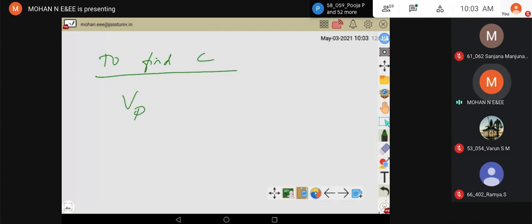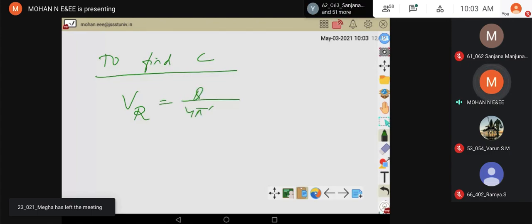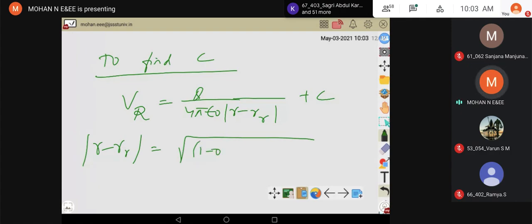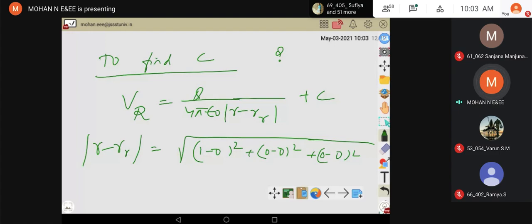So the reference voltage is VR, that is Q by 4 pi epsilon naught times the magnitude of r minus r reference, plus C. So r minus rR is the square root of (1 minus 0) squared, (0 minus 0) squared, and (0 minus 0) squared, because Q is at the origin and the reference is at (1, 0, 0).